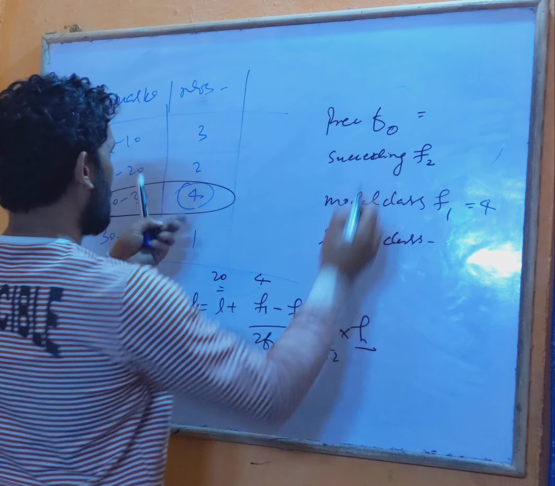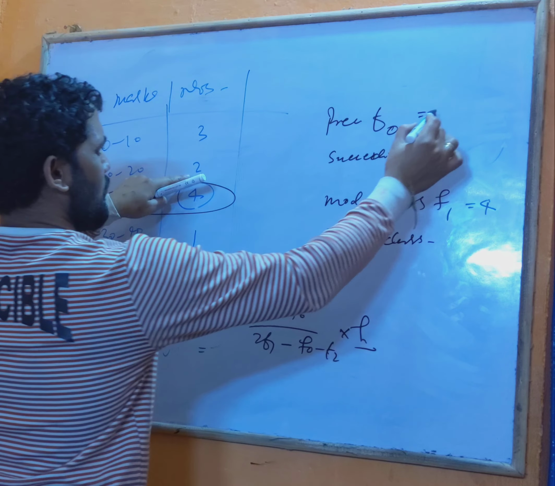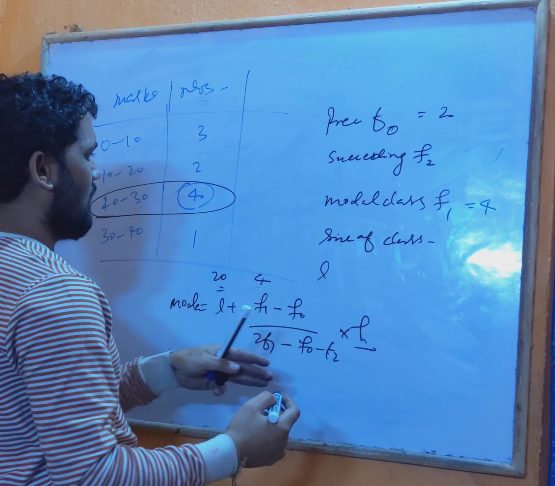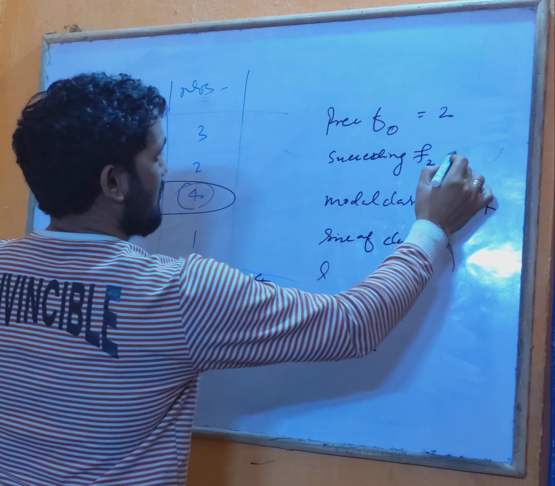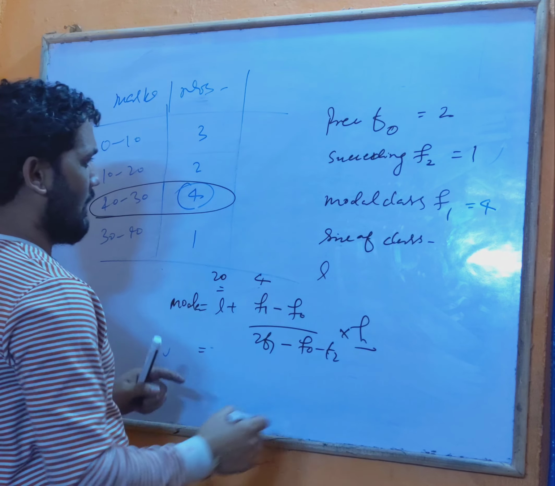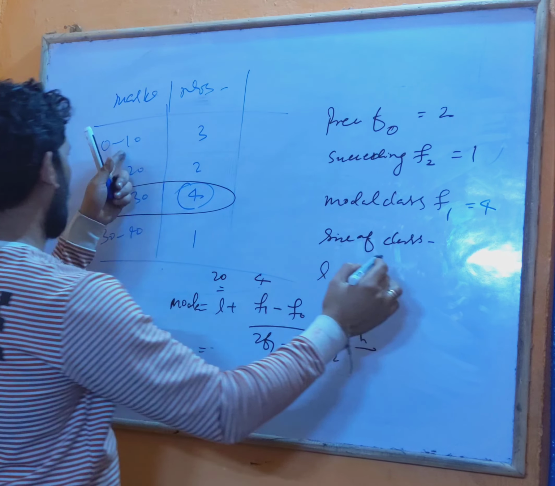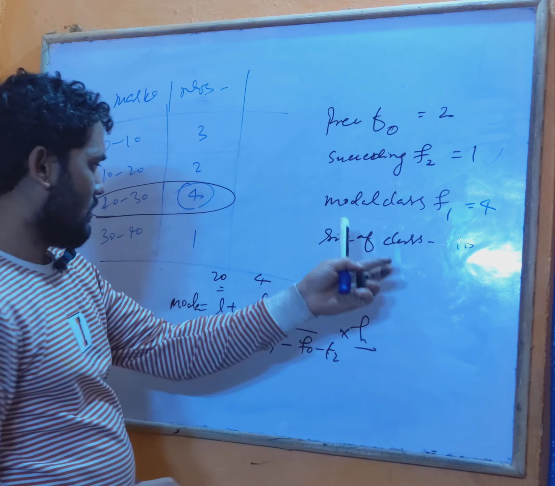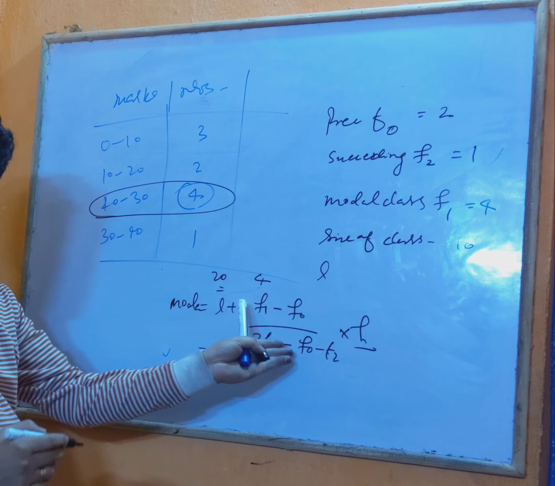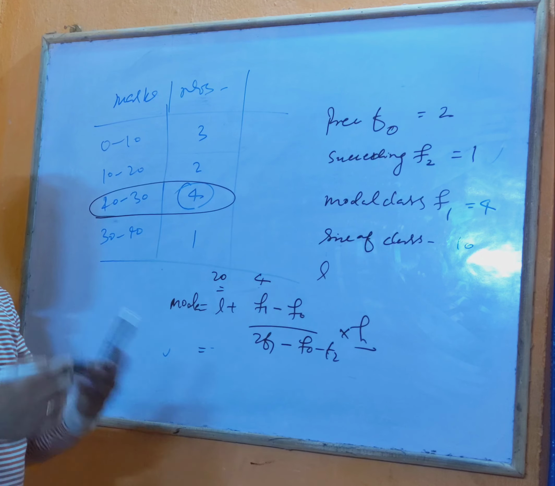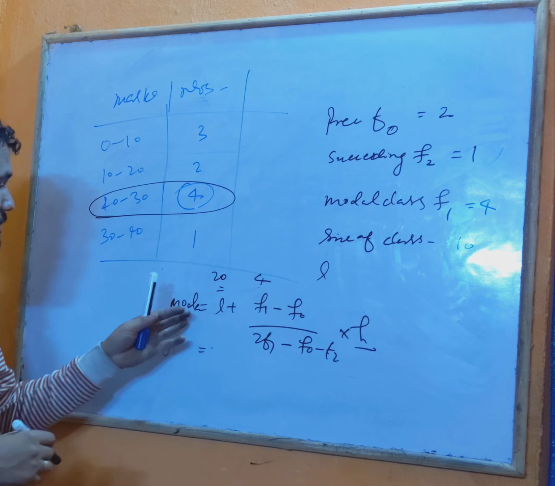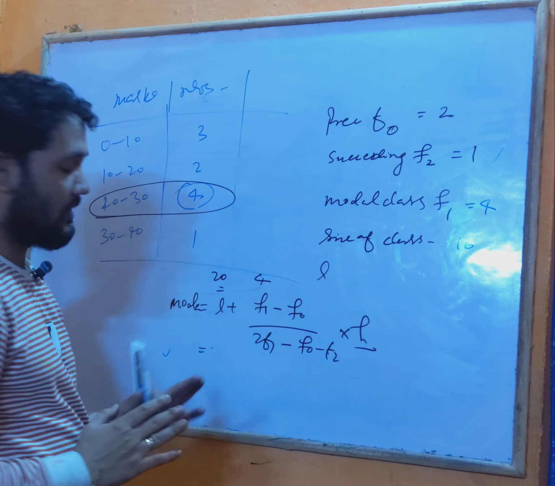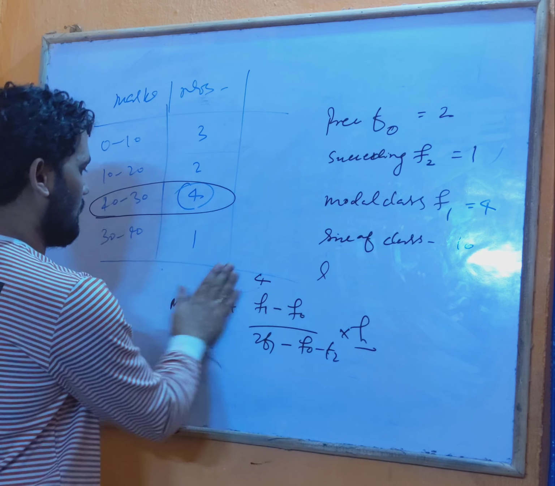The preceding frequency, just previous, is 2, and the succeeding frequency, just after, is 1, and the size of the class is clearly 10. So just put all the values in this formula and we will get the answer, the mode. I think it's too simple.